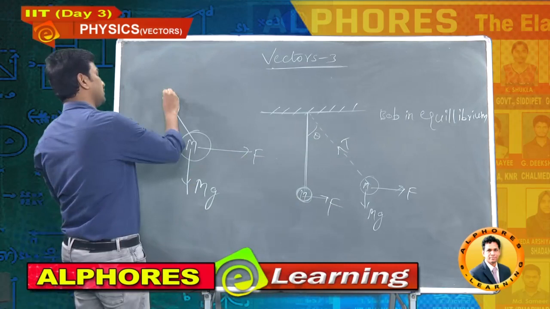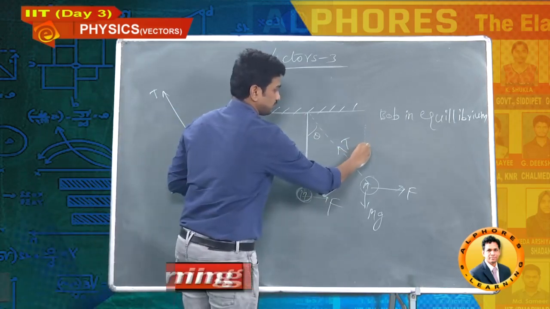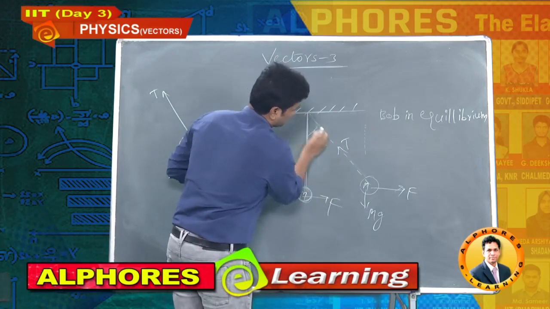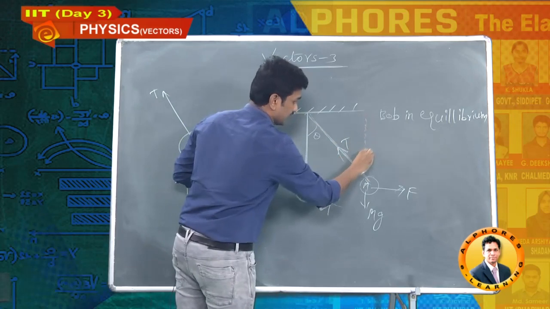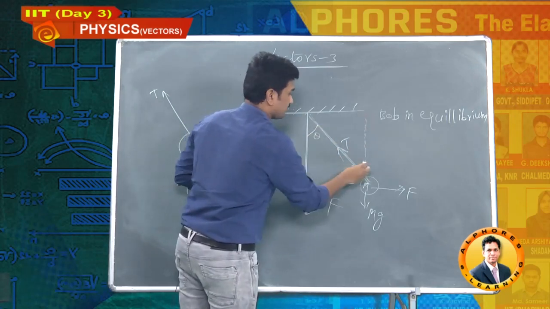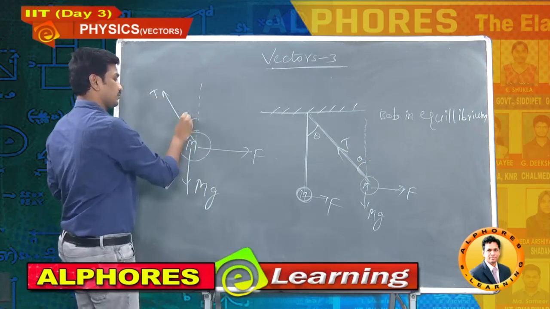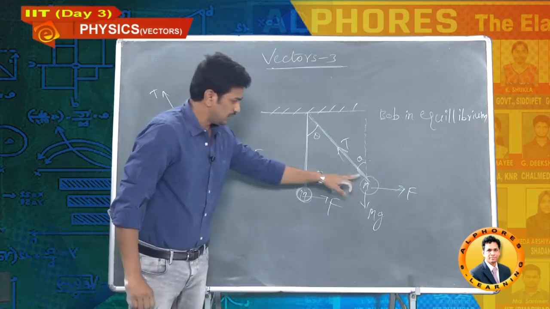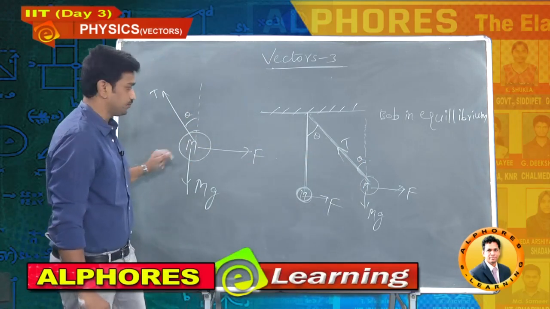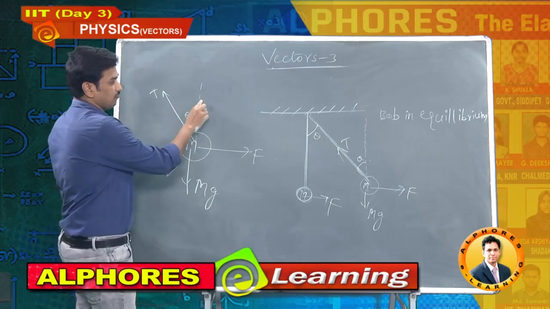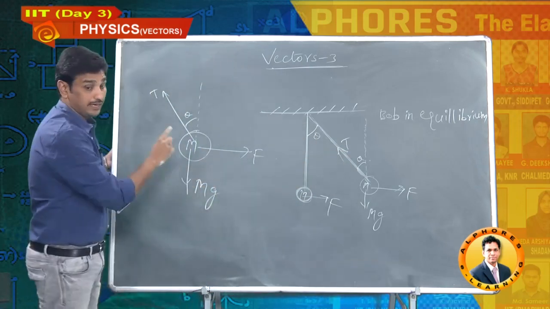This is T. The dotted line is a wire. This is theta, this is also theta. Same thing, what I have drawn here, the same thing I drew here: tension with the vertical line at angle theta, force horizontal, and weight vertically downward.